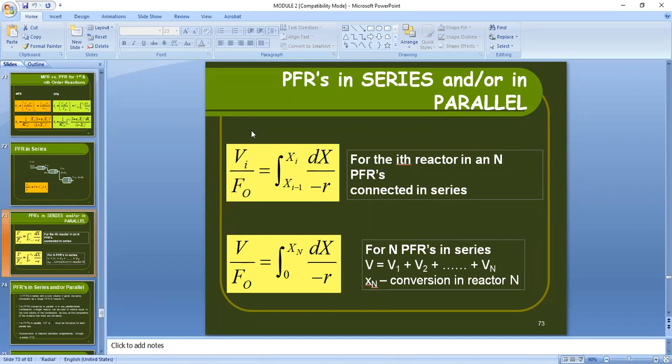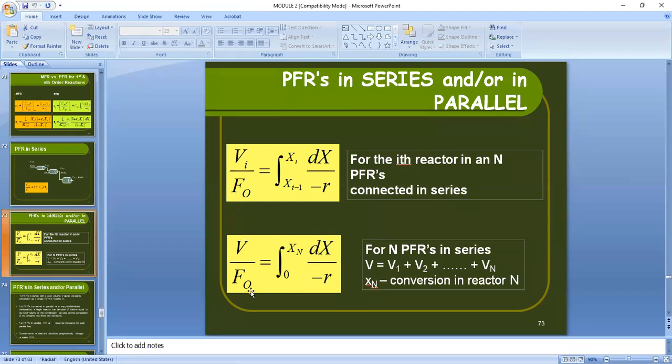This is the volume of the ith reactor, and you have here the rate expression. So here you need the conversion of the reactor before it so that you can determine the conversion in that particular ith reactor. So this is for the ith reactor in N PFRs connected in series.